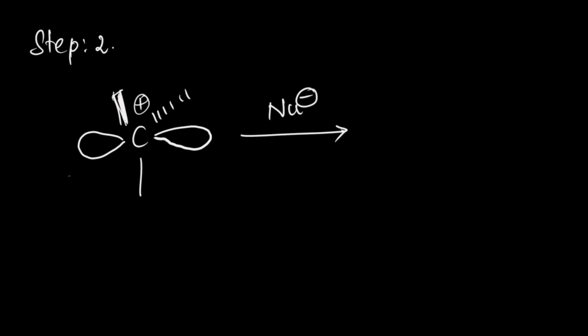The incoming nucleophile can attack on both the sides. It can attack the left side or it can attack the right. So it can go about attacking this empty orbital, or it can go by attacking the other empty orbital.